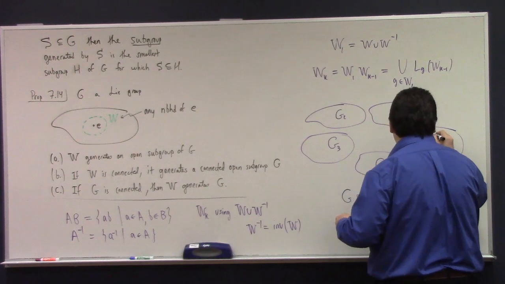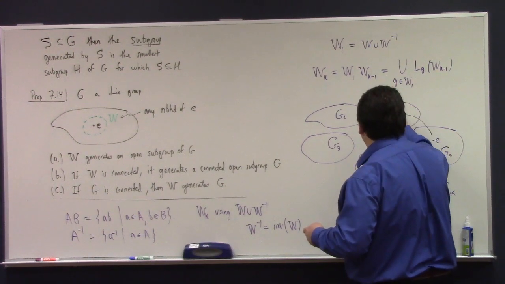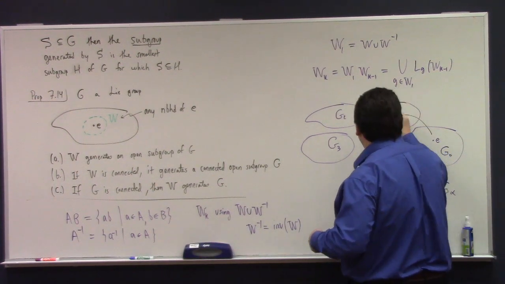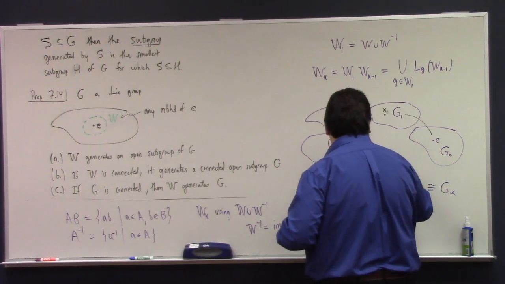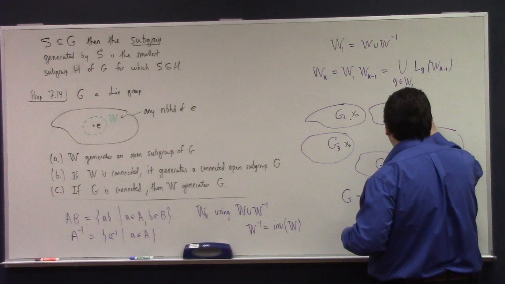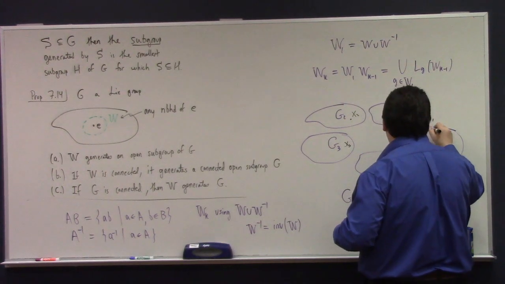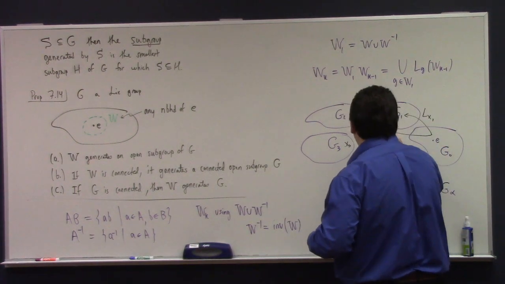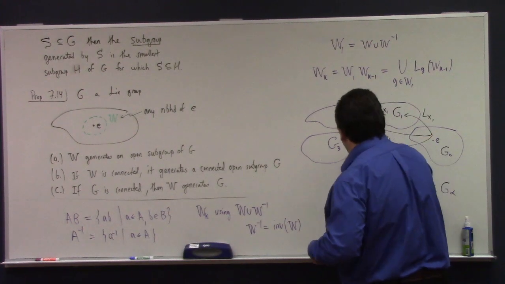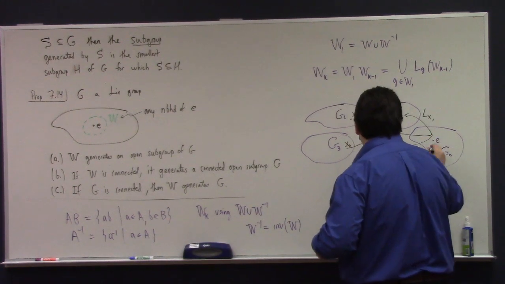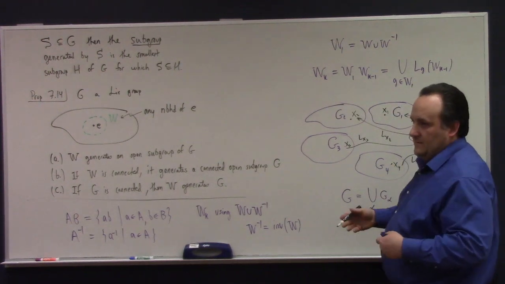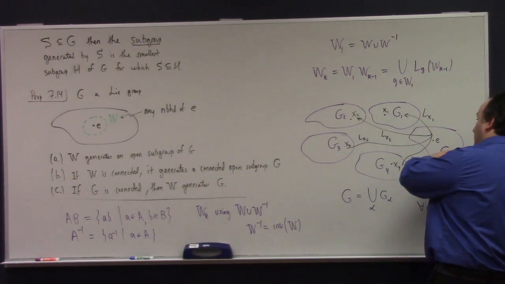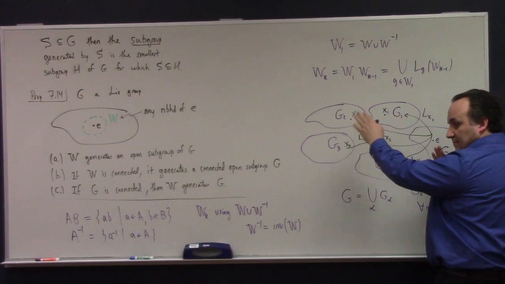If this is a particular point x1, and this is a particular point x2, and this is x3, and this is x4, well, left multiplication by x1 goes to here, left multiplication by x2 goes to there, left multiplication by x3 goes there, left multiplication by x4 goes there, right? So there are diffeomorphisms that map the identity component to the other components.